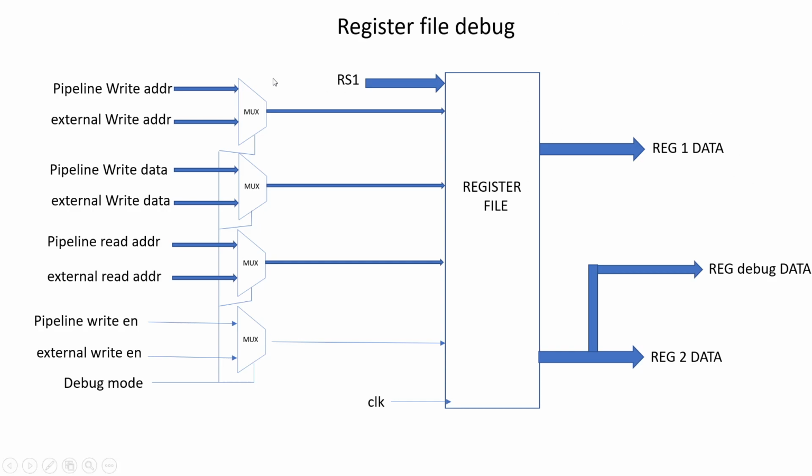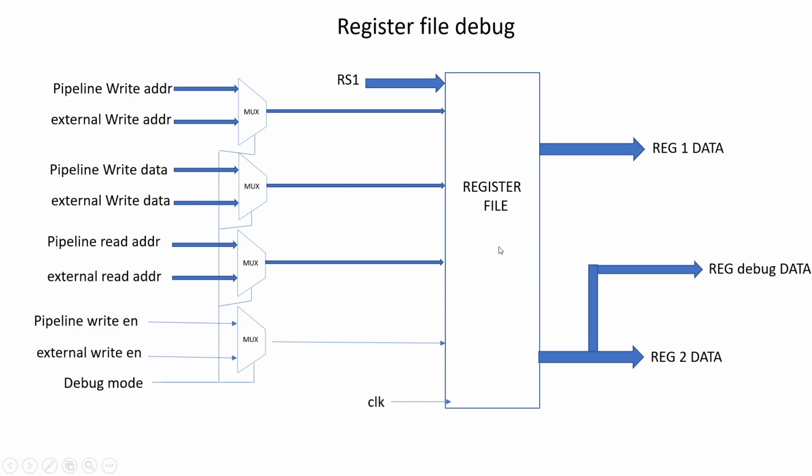A similar logic to the debug mode of instruction memory was added to the register file. Here we can see that when debug is on, the external write address and external write data are being written into the register file, while when it is off, the internal pipeline data is being used. This wouldn't be an issue because when debug mode is on, we'll be passing no ops through the pipeline anyway, to ensure that there is no crash in the program later.